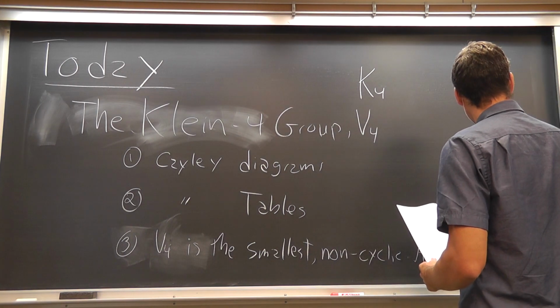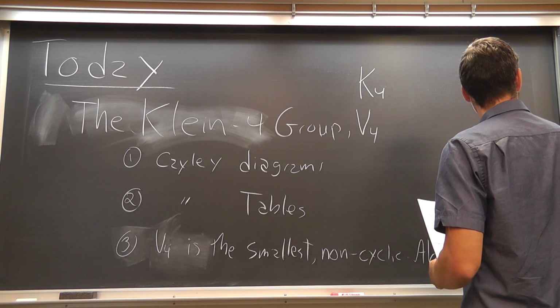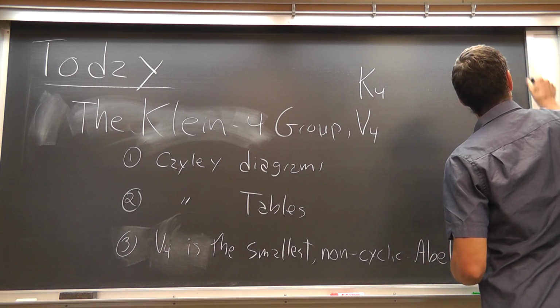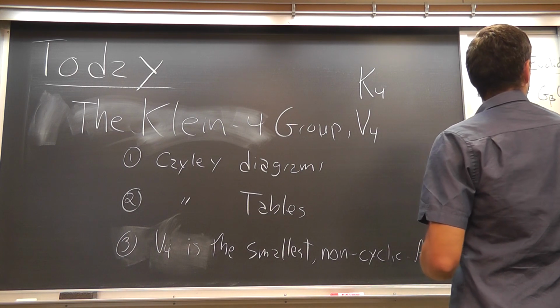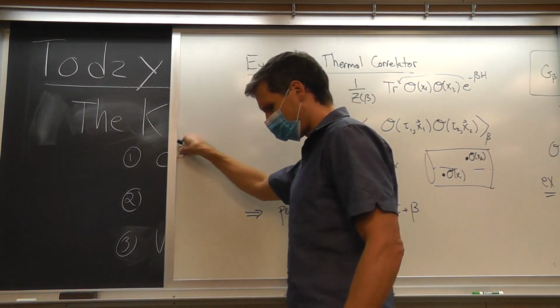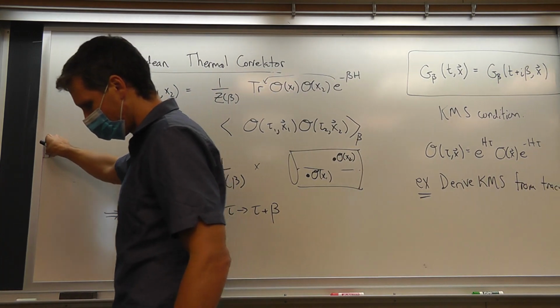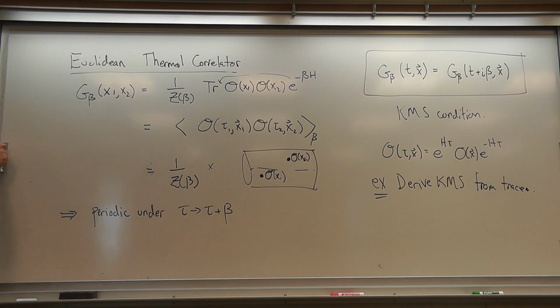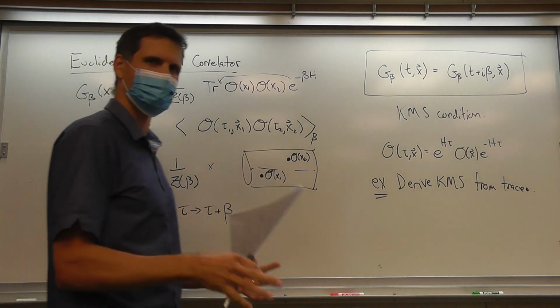Is this single valuedness in the Euclidean signature something we should take as an axiom, or can we prove it? Yes. We have two choices, and this applies to all the properties that I'm discussing.